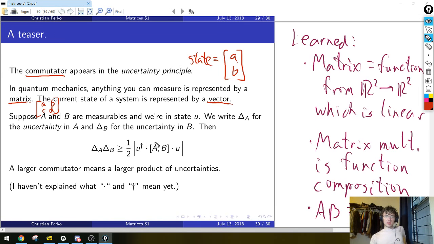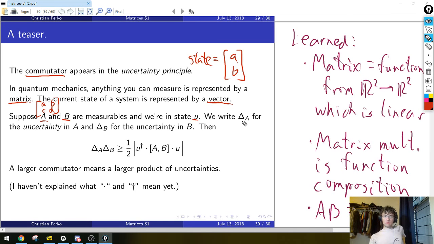So there's a general fact, which I'll tell you more about later. And the fact is, if A and B are two measurables, so these are two things I can measure, which means A and B both come along with matrices, and we're in a state associated with a vector u.